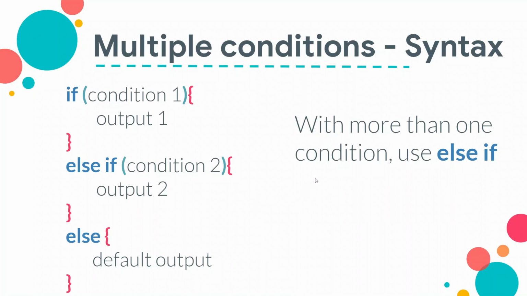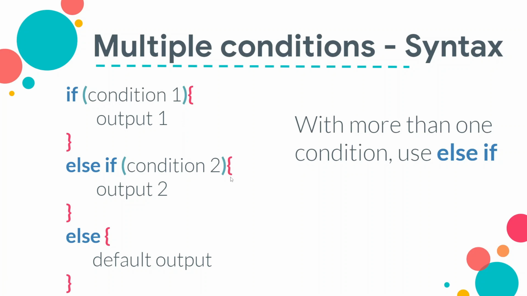And when you have multiple conditions, the syntax changes. So we have the if condition goes in here, and then still have the braces, and it tells you what happens when the if condition 1 is met. And then we have what we call else if. The else if gives you a second kind of condition, which is completely different from the first condition.